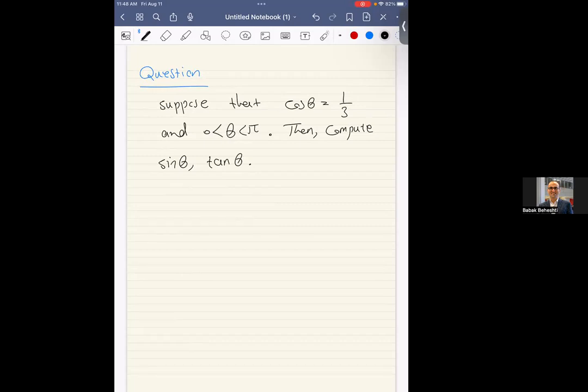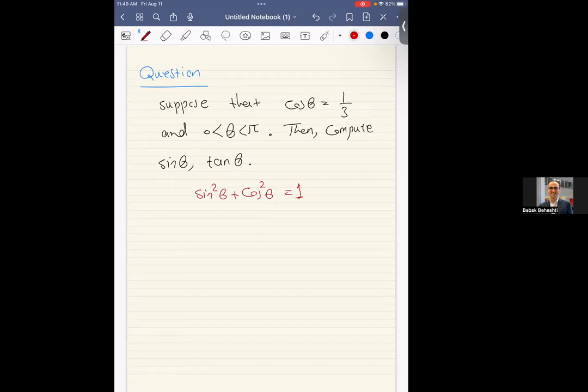There are two solutions for this. Either you can use this identity, sine square of theta plus cos square of theta is equal to 1. I didn't mention this identity. Do you remember why this is true?